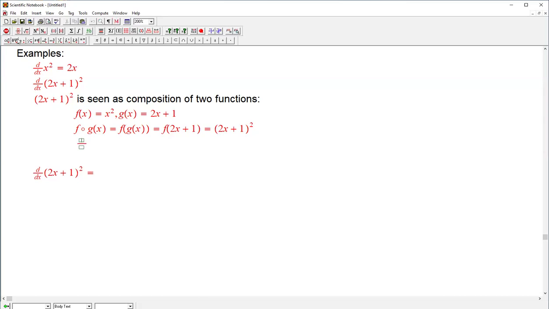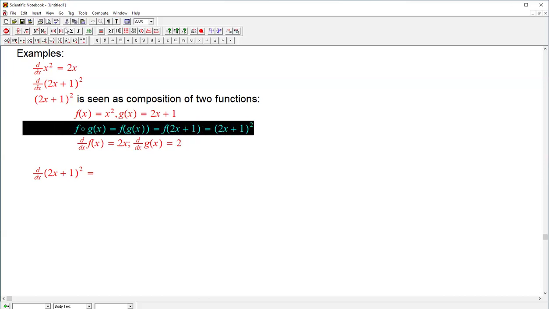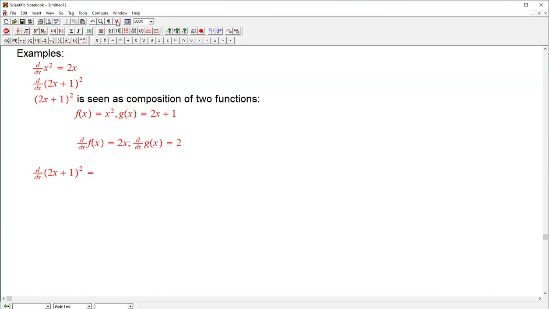The derivative of f is 2x. And what is the derivative of g? We differentiate 2x plus 1: the derivative of 2x is of course 2, and the derivative of 1 is 0. I'm going to put this on the side. This is just verifying.